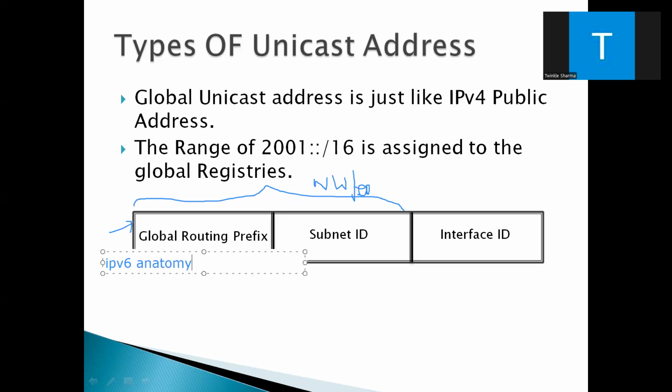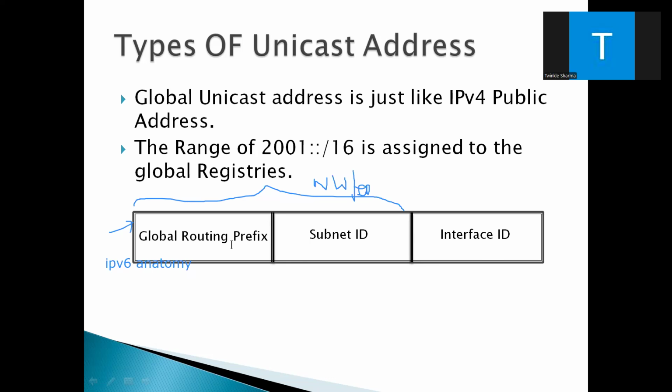The subnet ID is 16 bits, the interface ID is 64 bits, and the global routing prefix is 48 bits. Currently, IANA has assigned only 2000::/3 addresses to the global pool.